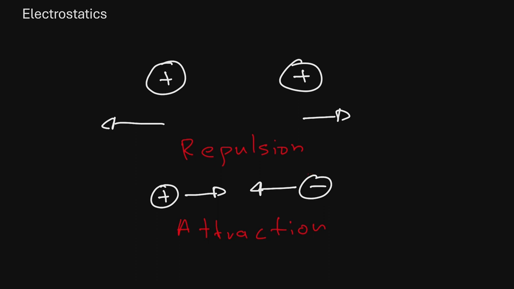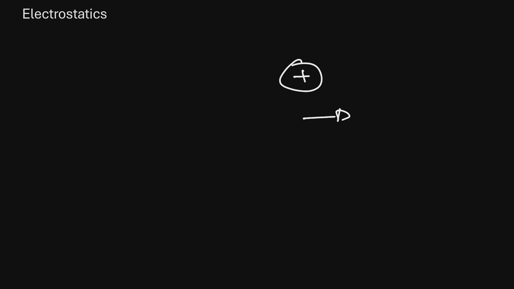So we also need to learn how to draw what we call an electric field. So now an electric field in a positive charge, it moves away from the charge. But what does this electric field mean?